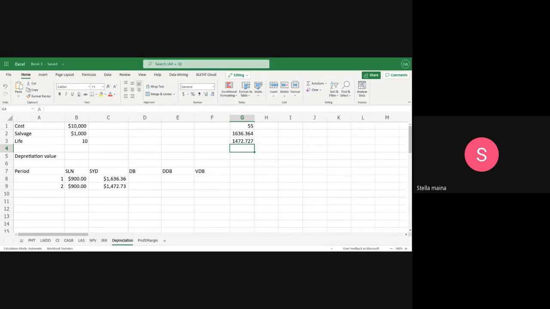To do the declining balance, it uses a fixed rate to calculate the depreciation values. So how do we do that?